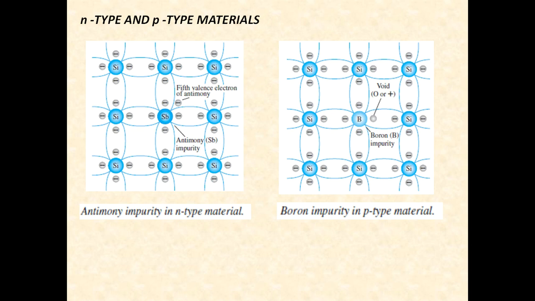Now what about p-type material? In p-type material, the majority carriers are holes and the minority carriers are electrons. So the current in a p-type material is mainly due to holes. Just to summarize: n-type material, majority carriers electrons, minority carriers holes. P-type material, majority carriers are holes, minority carriers are electrons.